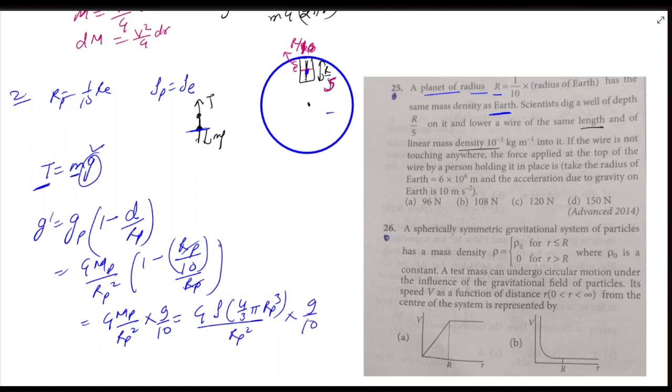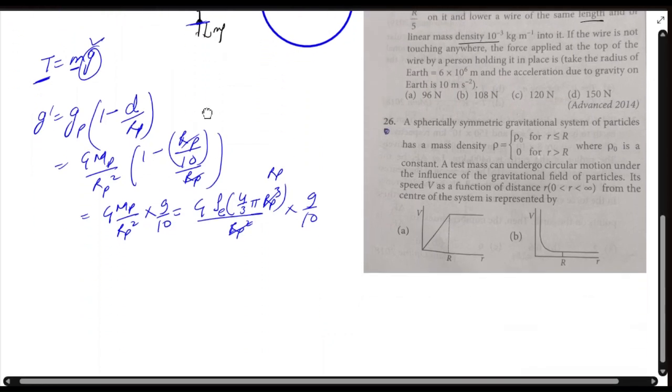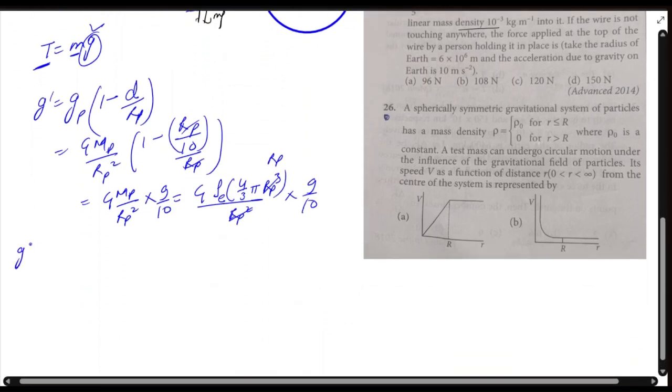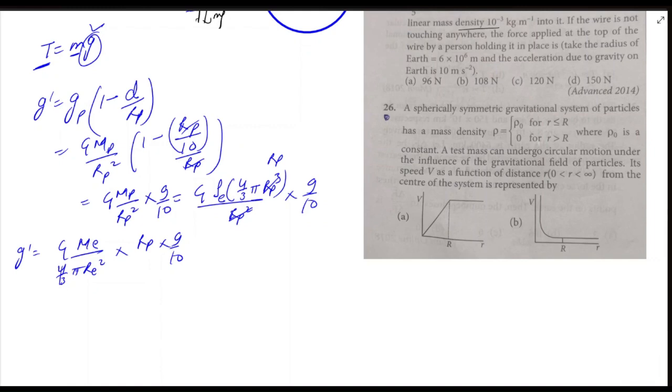Now the density of the planet is equal to that of Earth, so I will write it as ME upon 4 by 3 pi RE cube. So one RP will get cancelled, leaving RP. Let's just solve it. So G dash will be G times density of Earth, ME upon 4 by 3 pi RE cube, into RP into 9 by 10. The 4 by 3 pi cancel, and this is actually G of Earth.